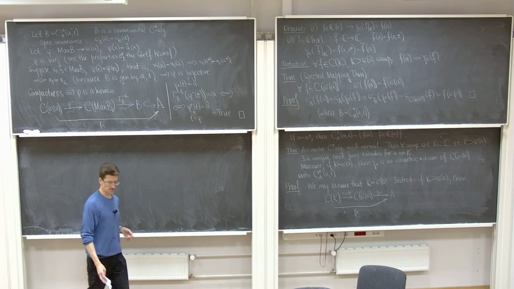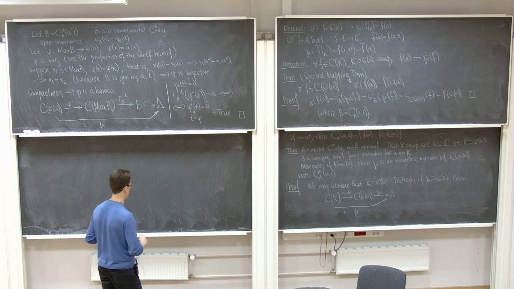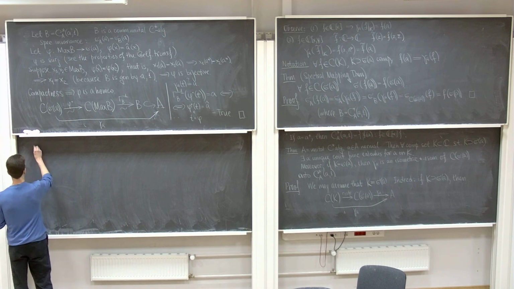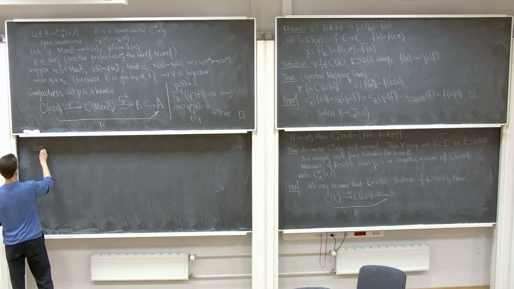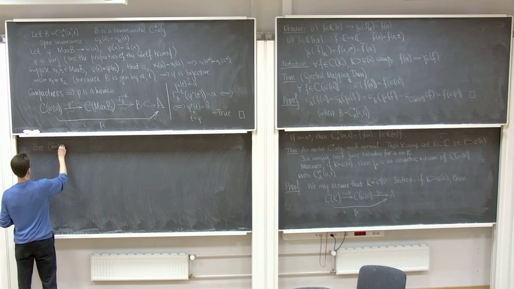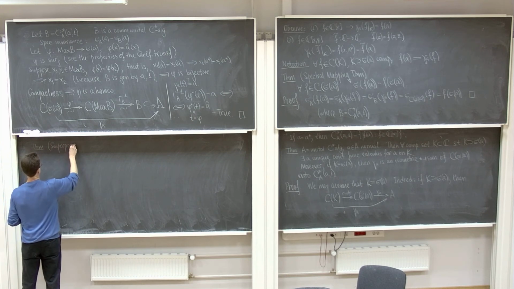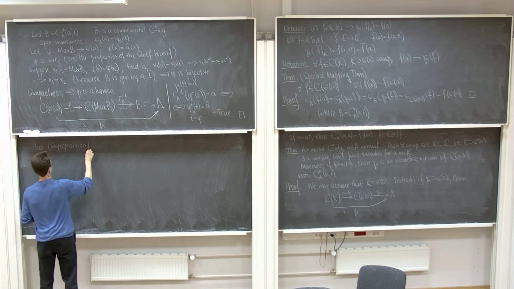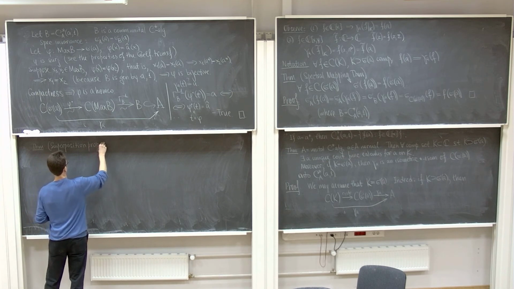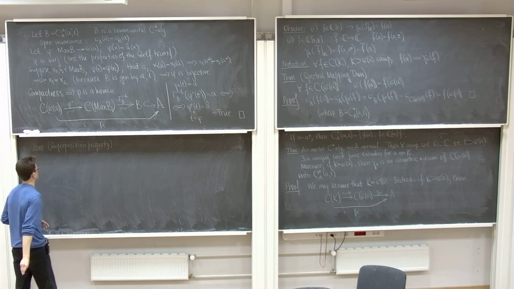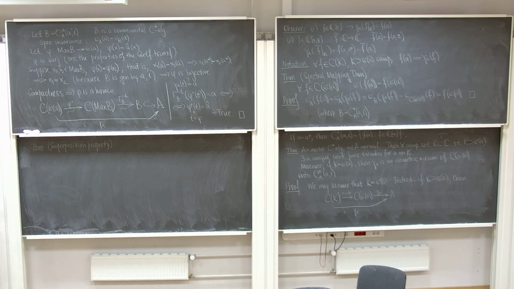Another useful property of the functional calculus is the so-called superposition property. Again, as before, we assume that little a is a normal element of a unital C-star algebra.